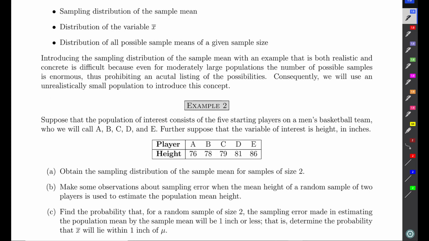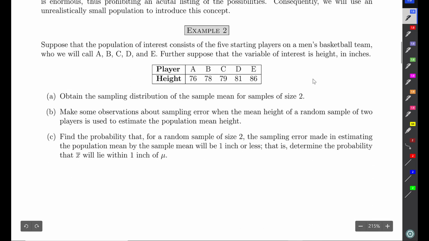So when we're looking at example 2, and I apologize, I had to pause the video for a while because I had a couple of questions being asked of me. So we were talking about the sample mean of the samples of the players on this basketball team. It says obtain the sampling distribution of the sample mean for samples of size 2.